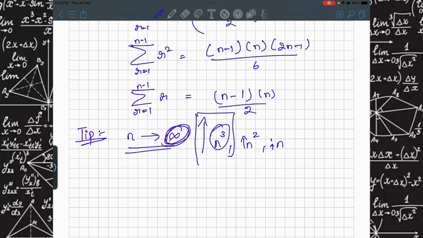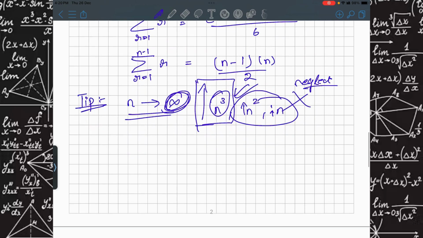Okay, so we call this term the dominant term. Okay, and if we calculate this dominant term, then we don't need to calculate these things because these values will become insignificant, which means we can neglect them. Neglect these values. Okay, and focus on only this.